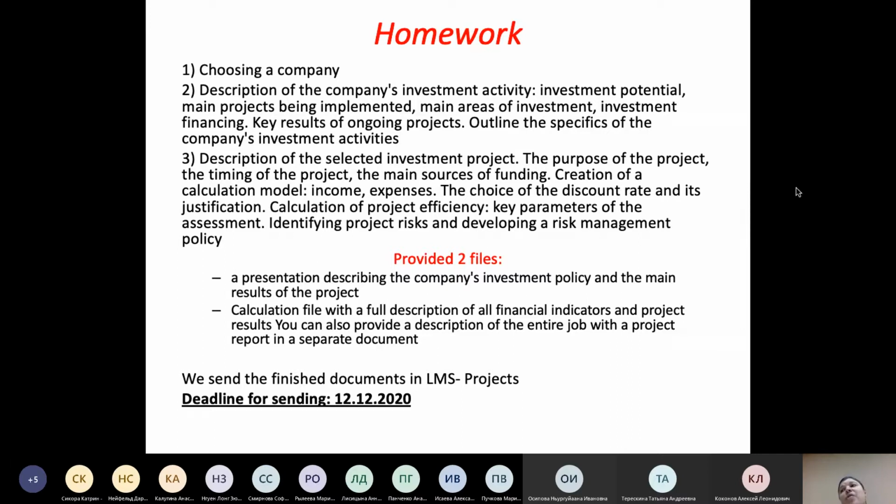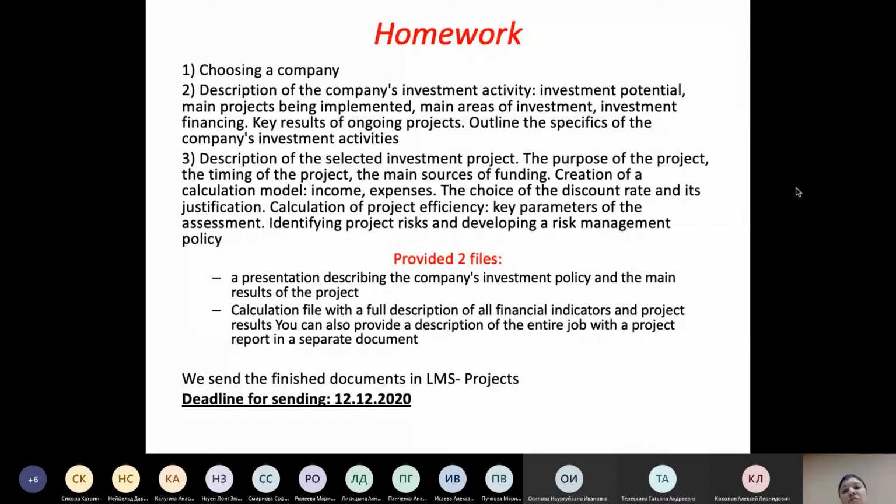In other words, you have to gather all information about cash inflows and cash outflows of the chosen company, and certainly propose the purpose of this project, the timing of this project, in other words, the time horizon of this project, the start and the planned finishing period, and the main sources of funding.